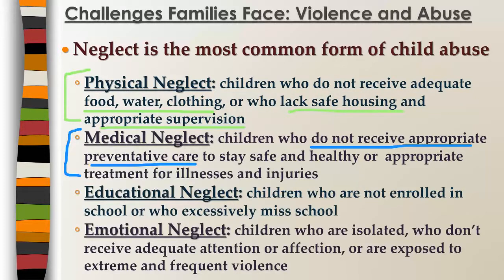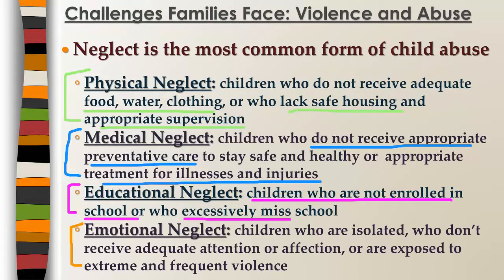They don't get appropriate treatment for illnesses or injuries. Number 3, educational neglect, children who are not enrolled in school or who are excessively missing school. And the last one, emotional neglect, children who are isolated, don't receive adequate affection or attention, are exposed to extreme and frequent violence.